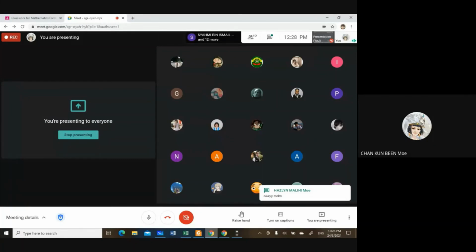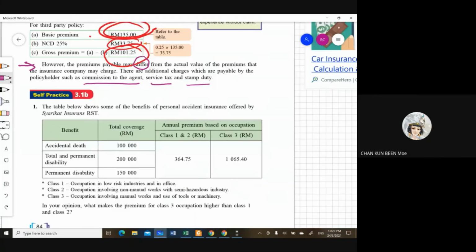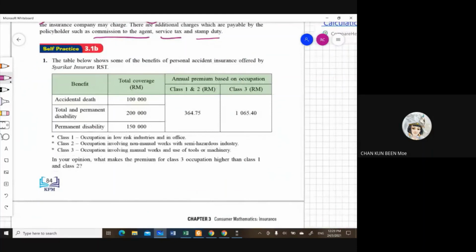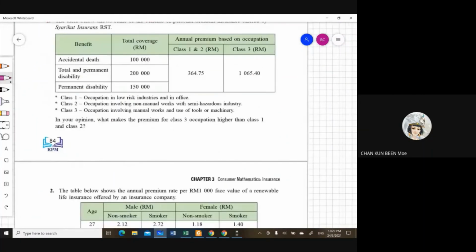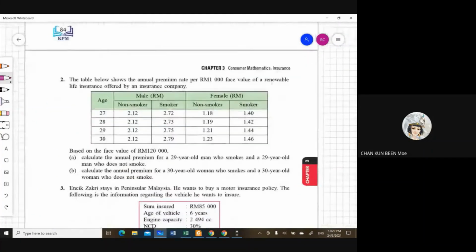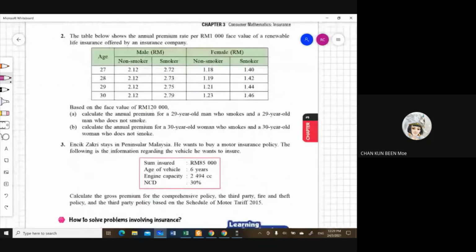Before I end, again, take your attendance in GC and hand in your exercise for 2.2H, the last one for chapter 2. As for today, I want you to do the exercise on 3.1B, all the 3 questions given on page 84, number 1, number 2, and number 3. Actually, this is also quite easy.